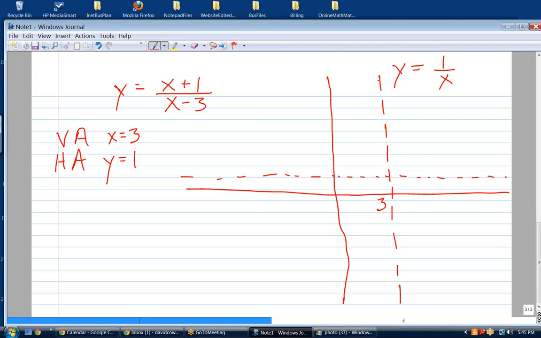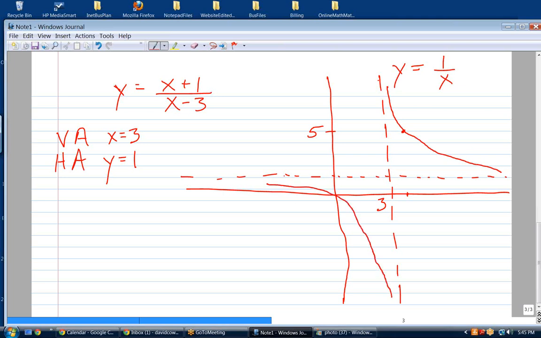I'll go 4. What is y when x is 4? 5. So that's a point on the graph. That tells us it's first and third. That's all we need.